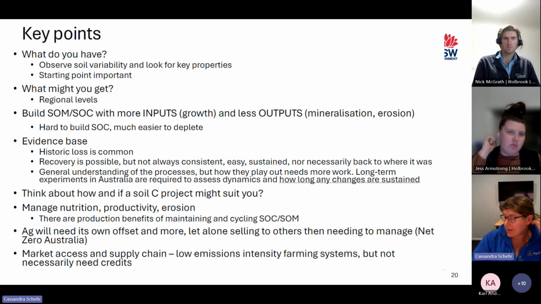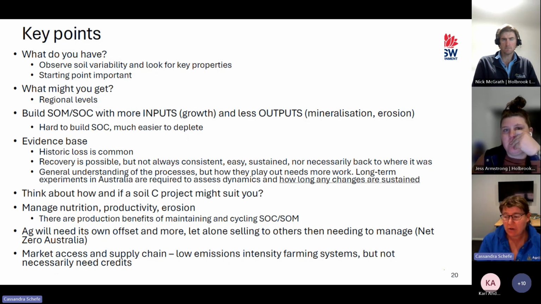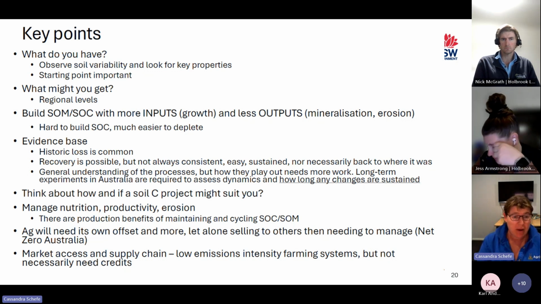And Nick, sorry, Carl, if I can just finish up on that one as well with the market access point: as we've been talking about before, the key essence around soil carbon maintenance and building in our systems is around supporting the best possible plants that we can grow. In the same way with our low emissions intensity farming systems, our ability to demonstrate through the supply chain that we are doing well is fundamentally around demonstrating good farming practices.